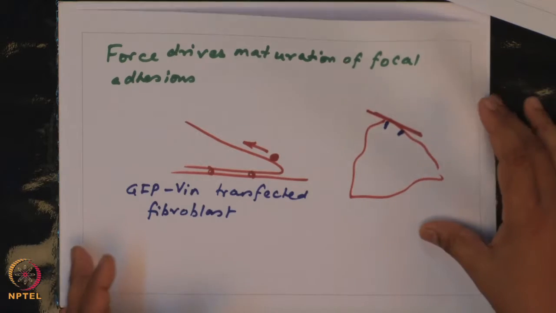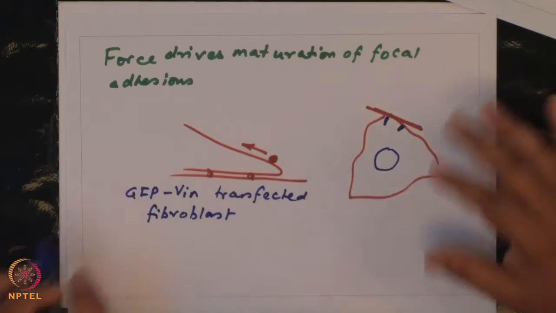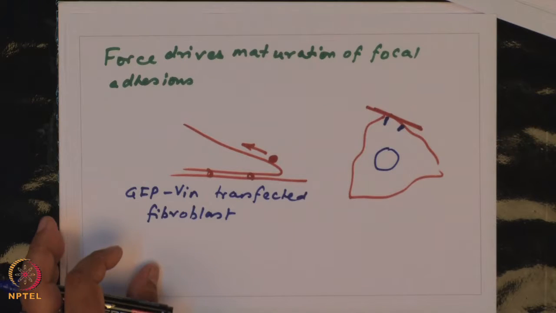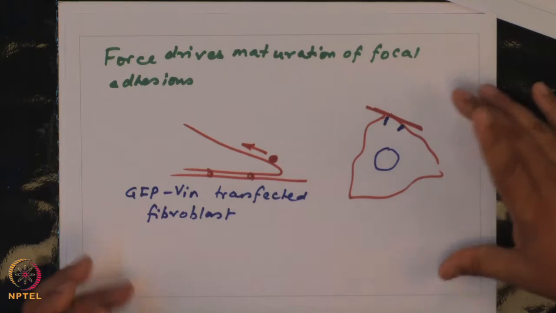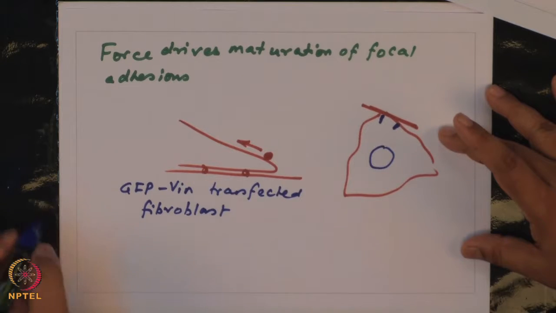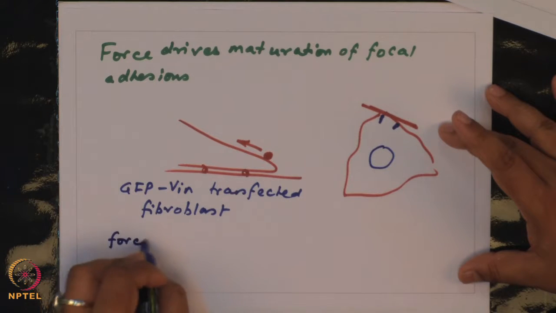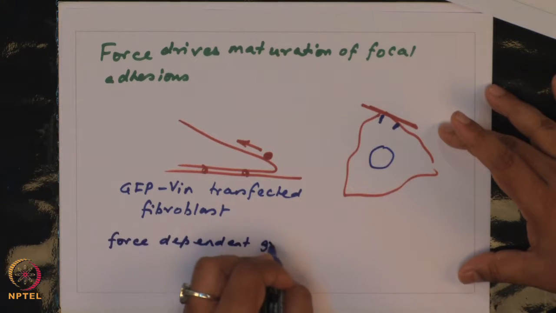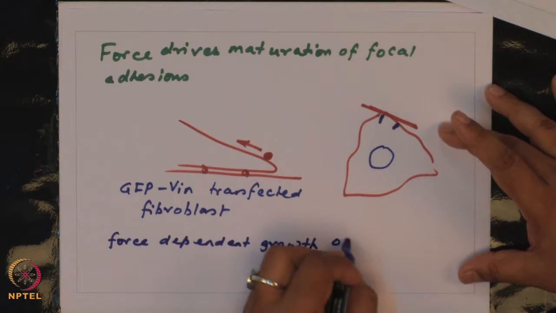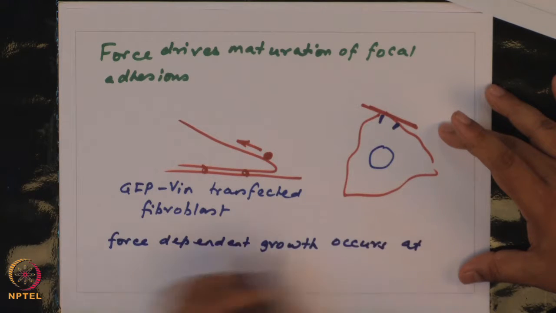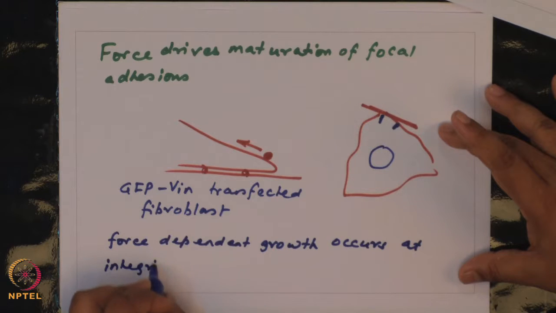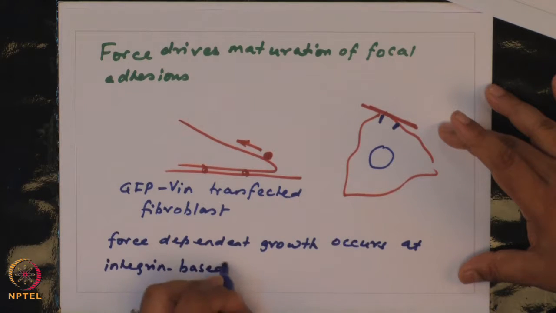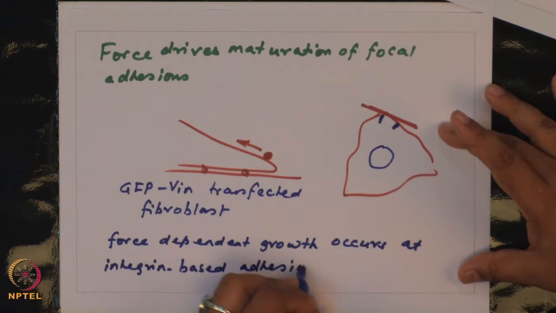However, though this experiment demonstrated that forces are required for driving the growth of focal adhesions, it is difficult to quantify the forces. One more thing that this study demonstrated was that this force dependent growth occurs at integrin based adhesions.